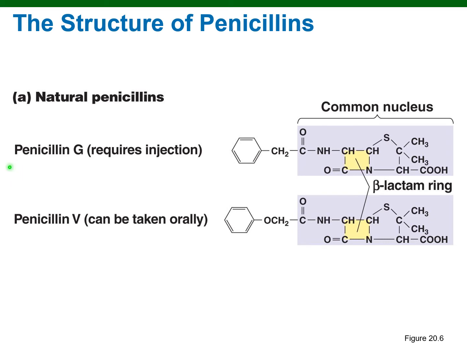So whether it be through IV or through a hypodermic needle, we can see that it has this common nucleus as its molecular structure shows, where there is something called a beta-lactam ring. And the beta-lactam ring is the area that makes penicillin effective at inhibiting the cross-linking between strands of peptidoglycan.